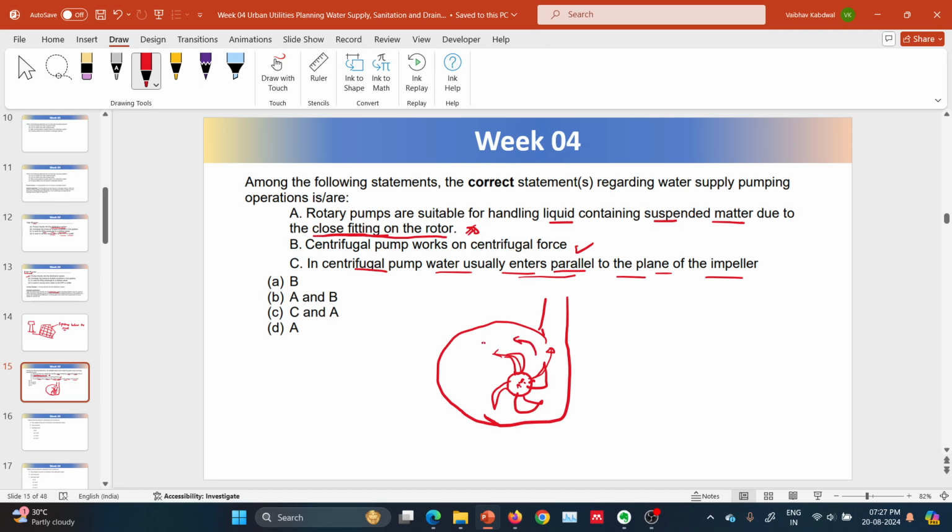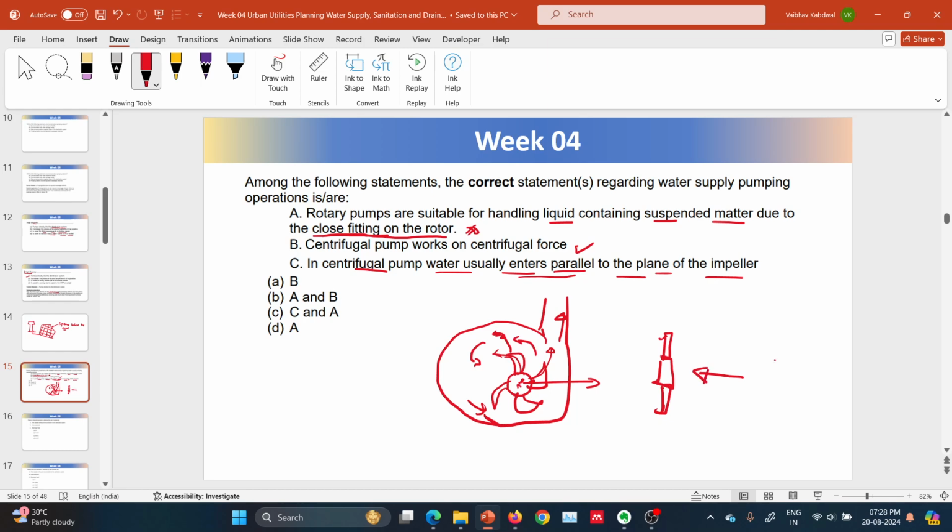Because of the rotation, the water will be thrown outside, and it will rotate, and it will go up. If I make this thing like this, these are the vanes.